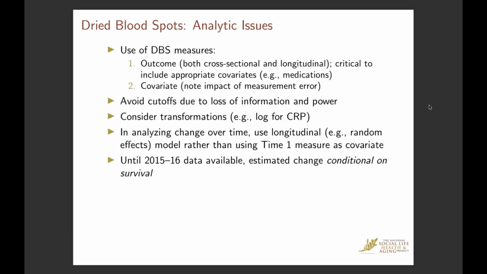The medication data often are critical covariates in an analysis. If you're looking at A1C, for example, as an outcome, as Dr. Huang showed, whether or not you are taking diabetes medications really affects that, and to leave that entirely out of your analysis would likely be problematic for interpretation. So that becomes very important here.